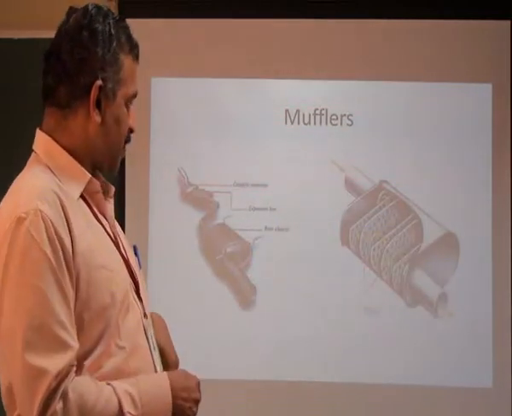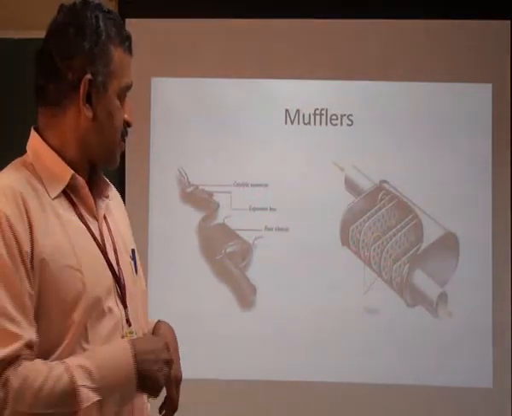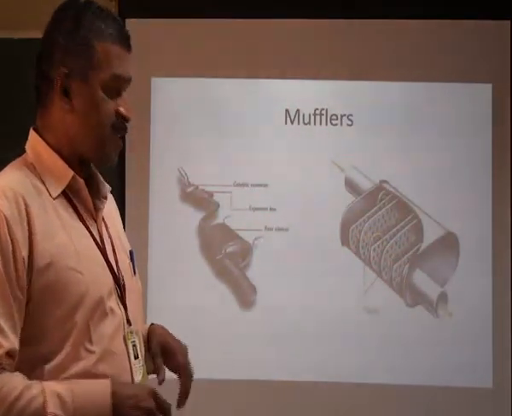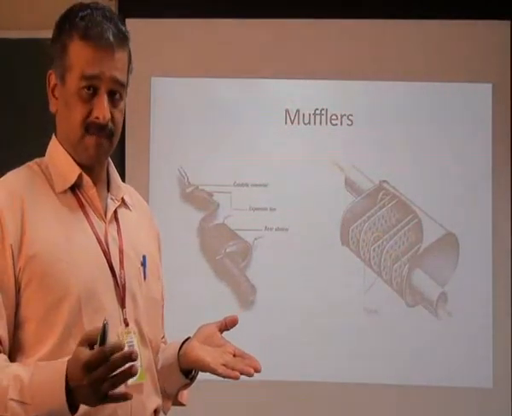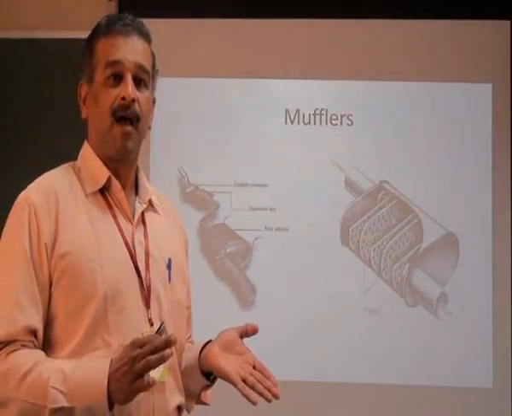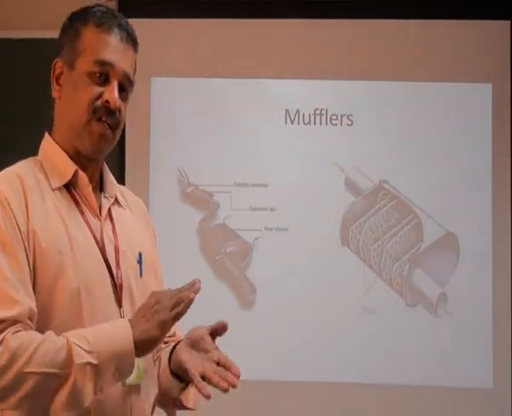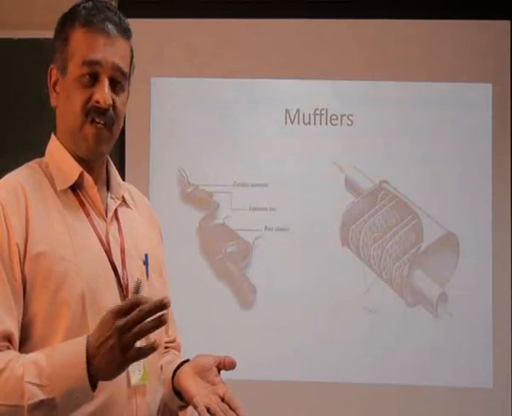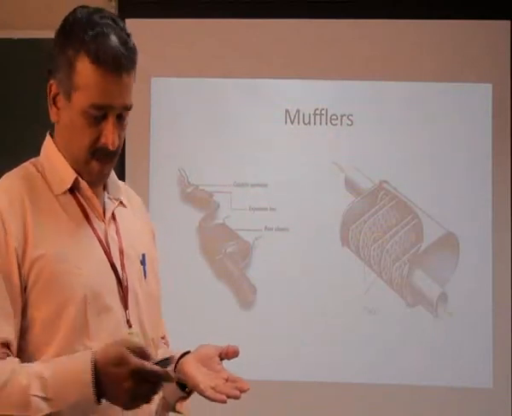So this is about the muffler. This reduces the higher sound, the noise of the burnt-out fuel, to a lesser level, so that when we are riding the vehicle, we feel very comfortable.